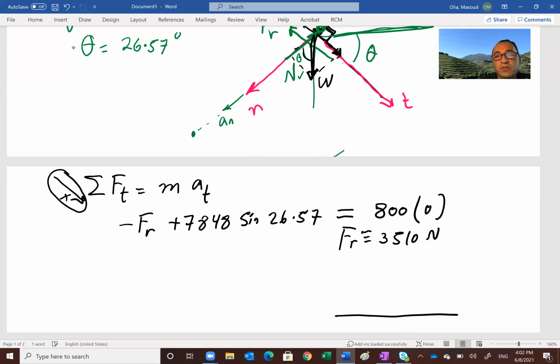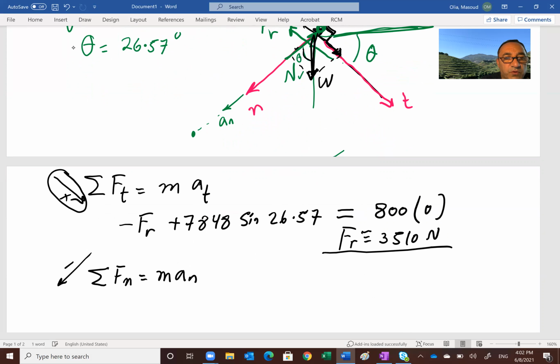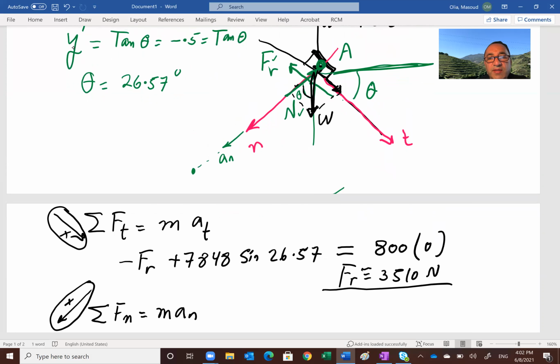Then similarly, be more careful in the n direction, guys. In the normal direction, the sum of forces equals mass times normal acceleration. This is our positive normal, which is the direction of that acceleration that we calculated earlier. If you sum forces in the normal direction, you have N. Actually, you know what?